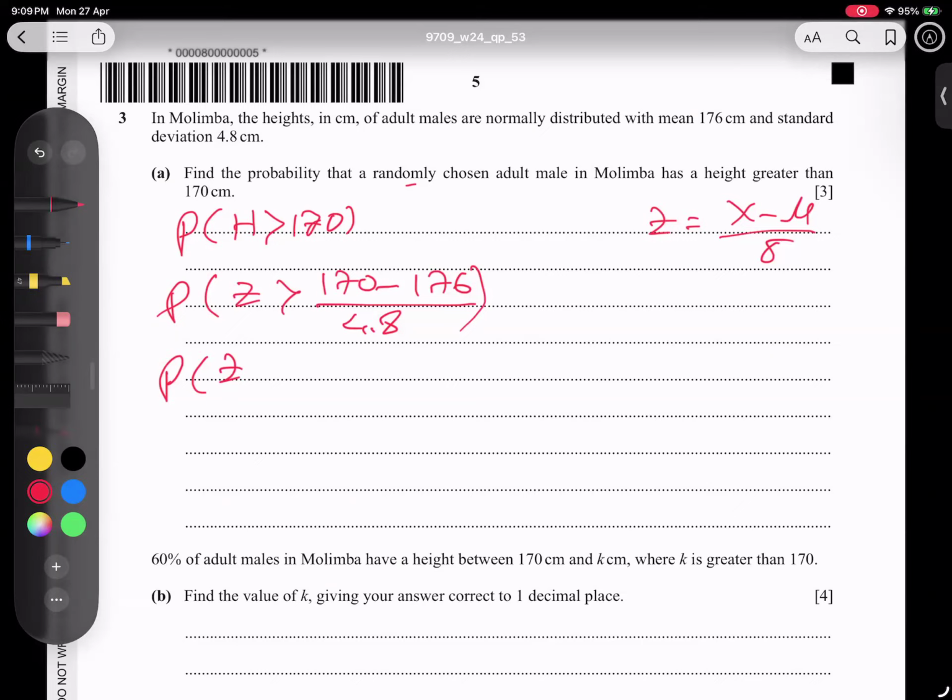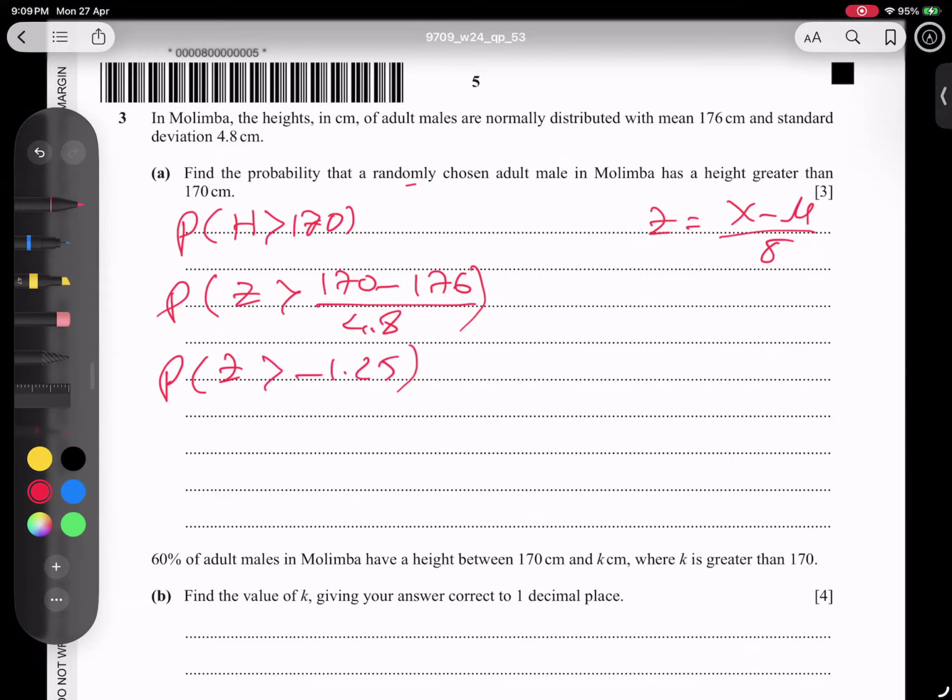Once again, check it. 170 minus 176, divided by 4.8. I'm getting negative 1.25.